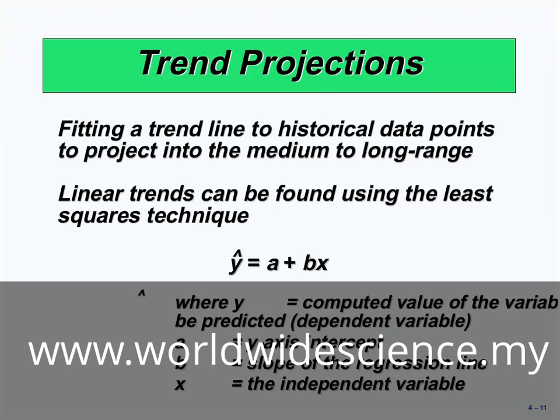If you want to forecast 5 months later or 3 months later, you should replace the X with 5, 6, or 7 if you are forecasting based on month. If you are forecasting based on year, for example, 2 years later, 3 years later, or 5 years later, you can replace X by 2 or 3, but based on year, not based on month.